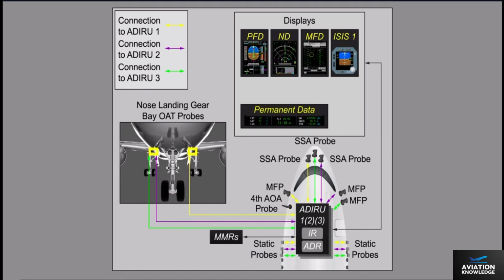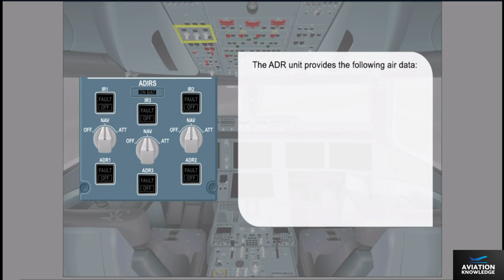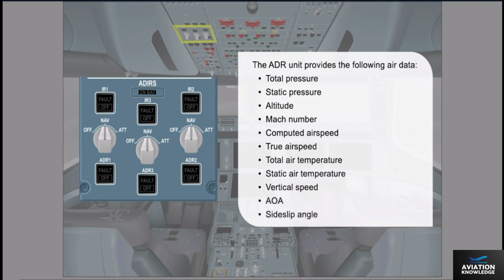All the probes connected to the air data references are automatically heated to prevent ice formation, except for the outside air temperature probes. The Air Data Reference Unit provides the following air data: total pressure, static pressure, altitude, Mach number, computed airspeed, true airspeed, total air temperature, static air temperature, vertical speed, angle of attack, and side slip angle.